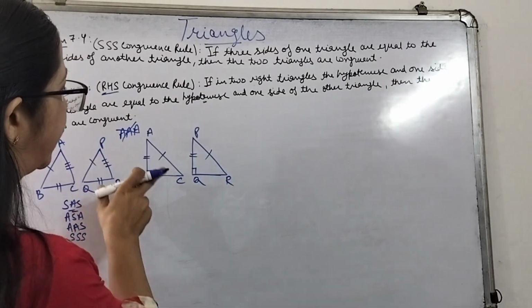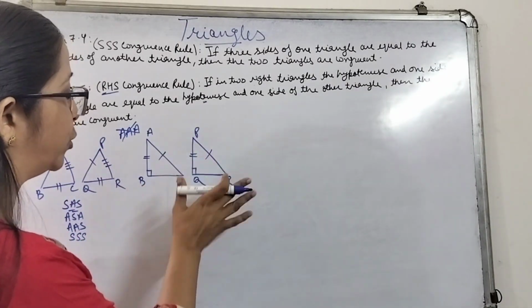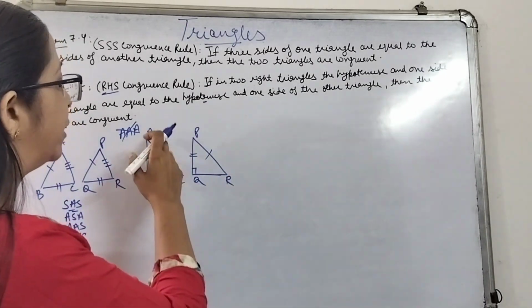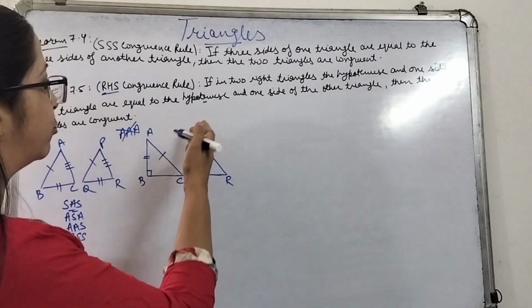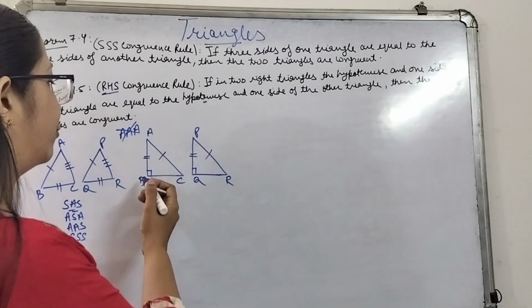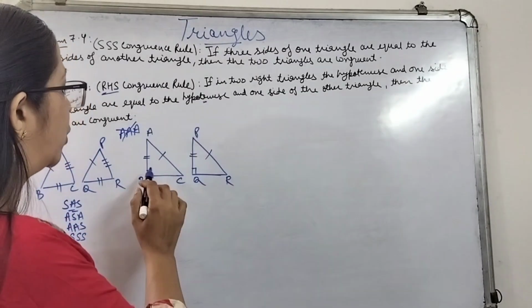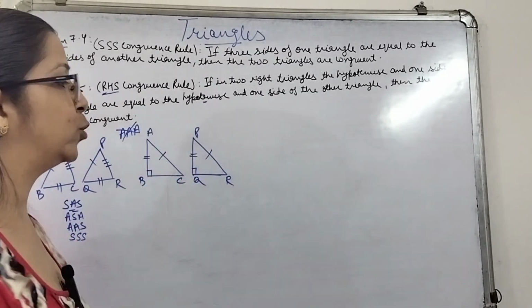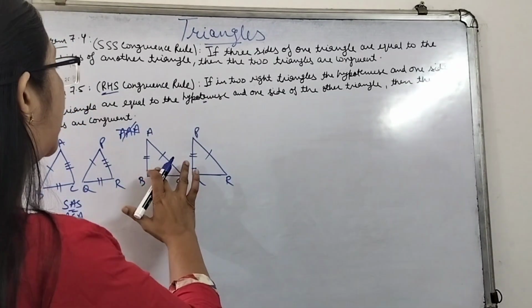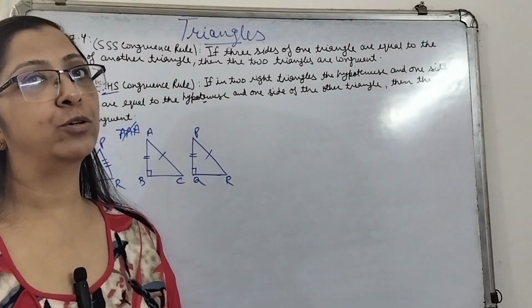It is given to us that AC is equal to PR, that is, the hypotenuses of the two triangles are equal, and one of the sides, I am taking AB equal to PQ. And obviously, because it is a right angle triangle, one of the angles will be 90 degrees. Over here angle B is equal to angle Q, which is 90 degrees. So by the RHS rule, they will be congruent.